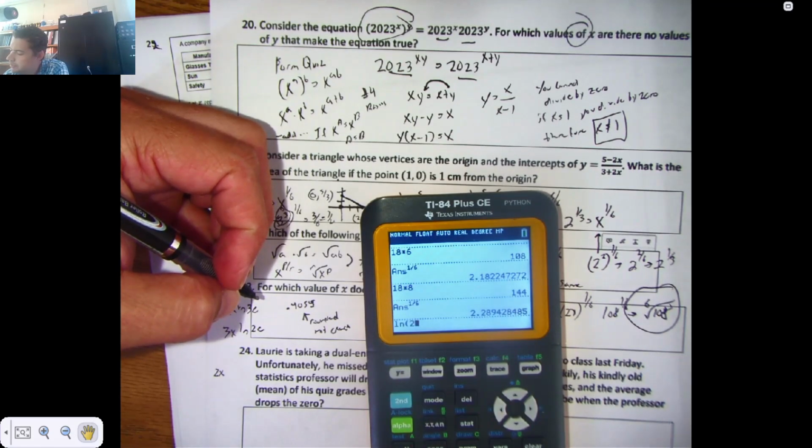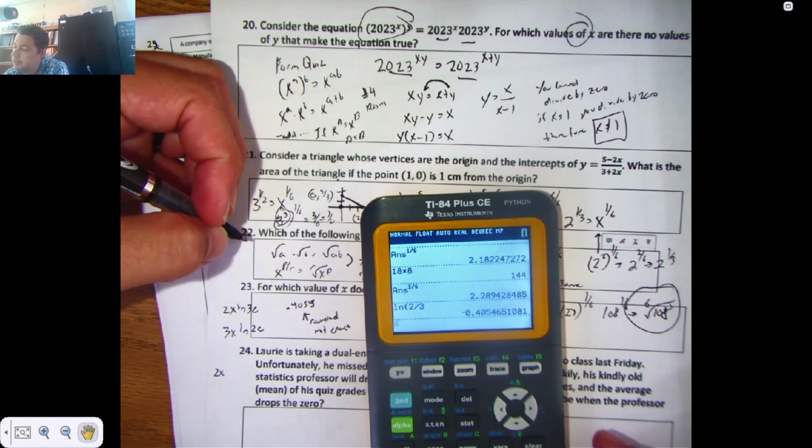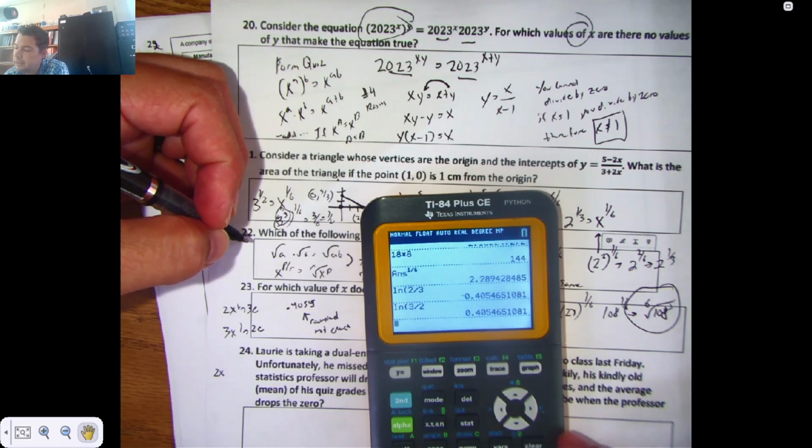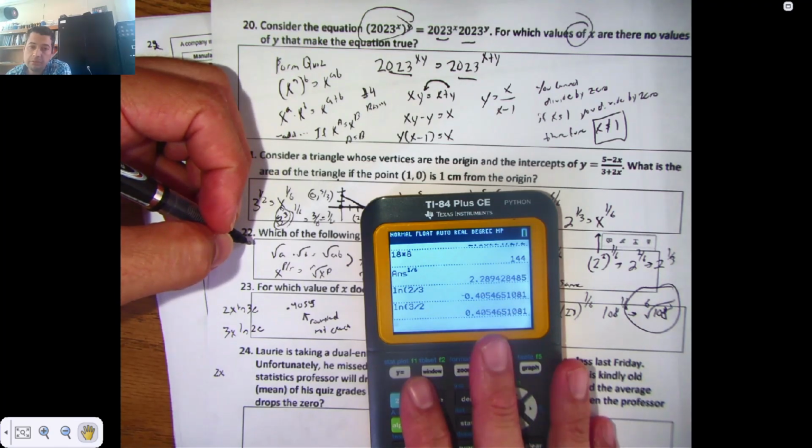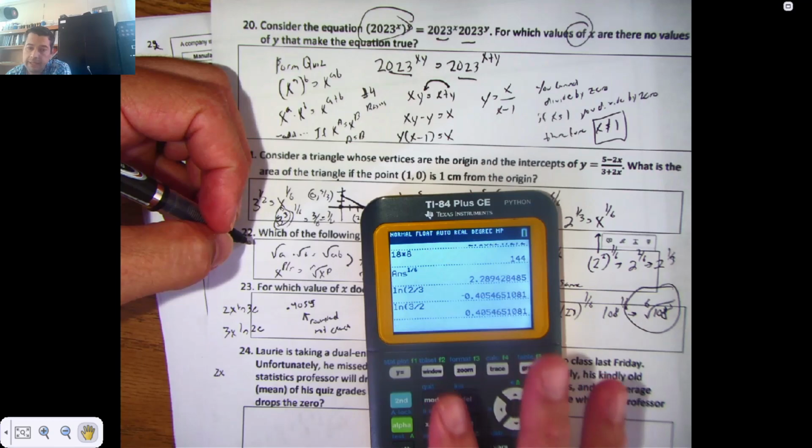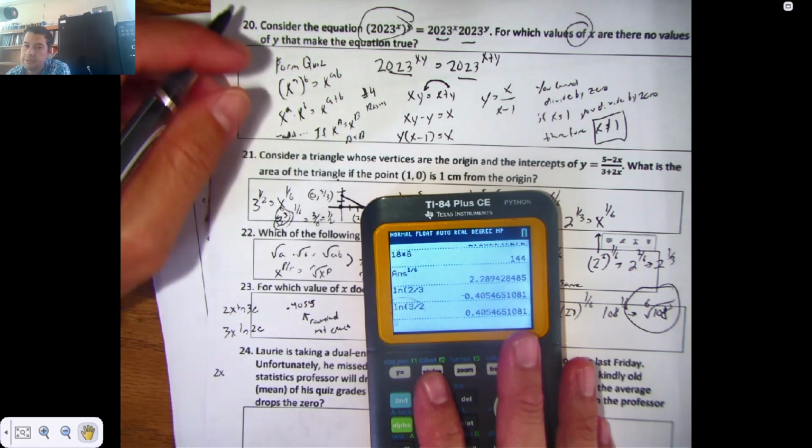What's the natural log of 2/3? Oh, I was close. What's the natural log of 3/2? There she is. I don't want to tell you how I did that yet. You learn about that when we do logarithms, okay? But that is the answer. Natural log of 3/2.